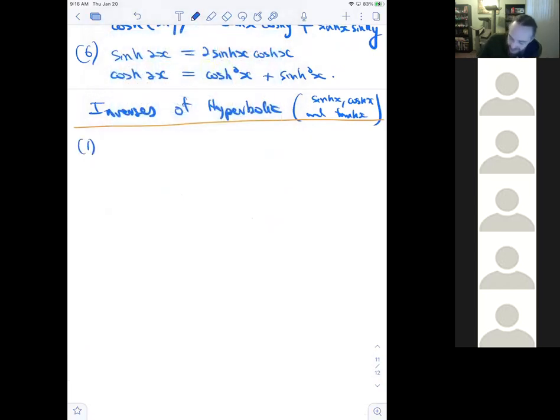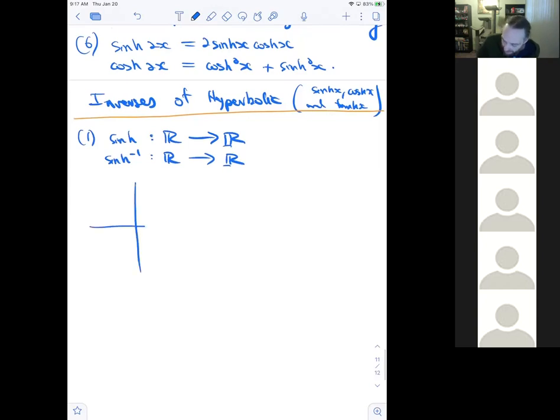For the first one, we know that sine hyperbolic is going from R to R. Therefore, sine hyperbolic inverse is also going to go from R to R. What is that going to give us?